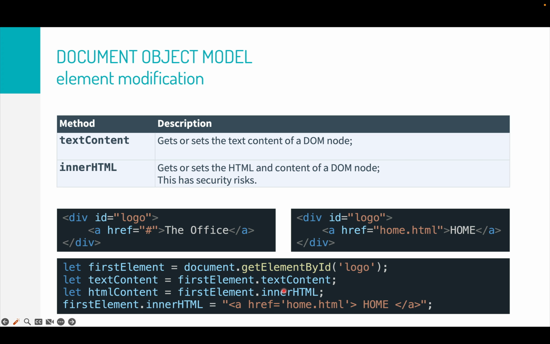So what I'm trying to show you here is, if this is what was in the HTML that we wrote, when we execute this code, it would actually change the logo to have the inner HTML of home.html and home in all caps. You see how we actually replaced this text with this text.